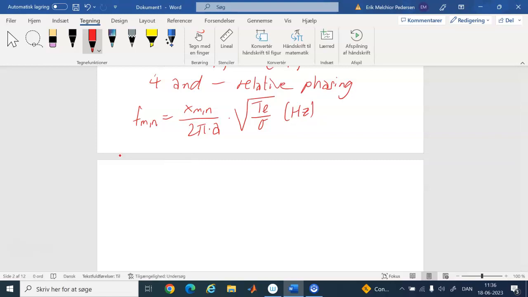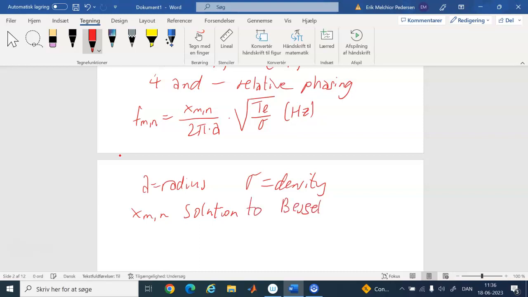T is tension, A is radius, and there is density. Those XMN are solutions to the Bessel functions.